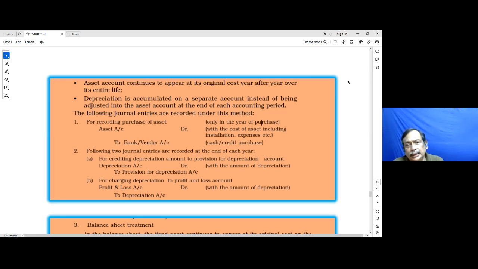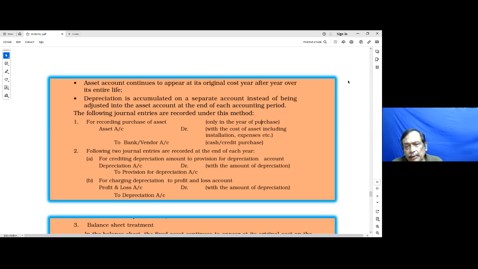That is, asset account debit to bank or vendor account only in year of purchase with the cost of asset including installation expenses, etc. to bank or vendor account, that is cash or credit purchase.